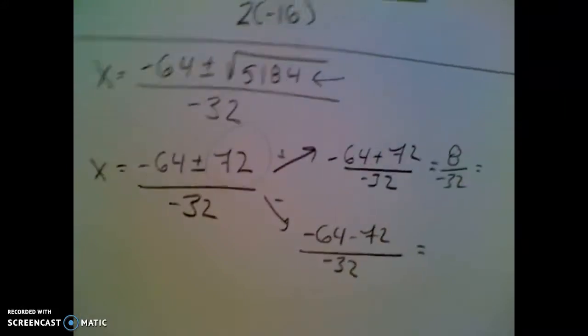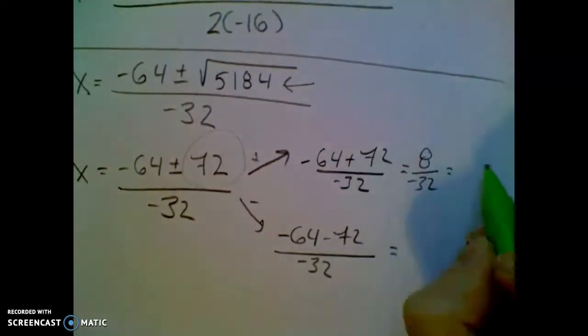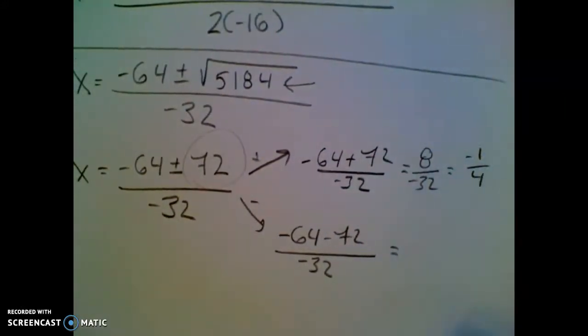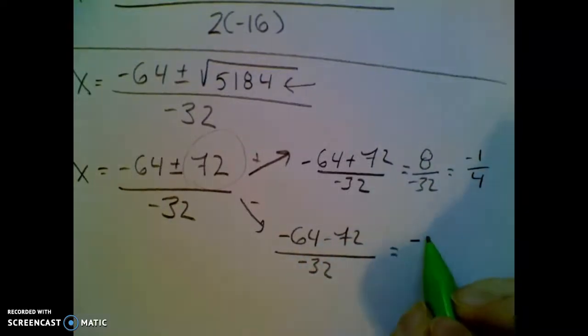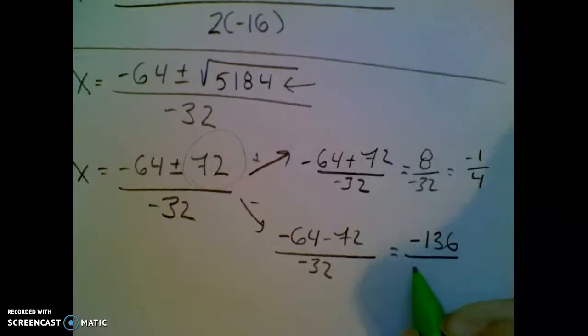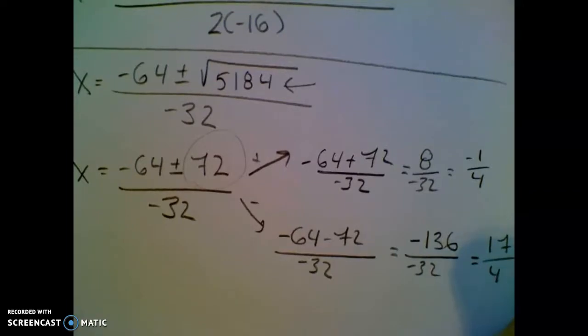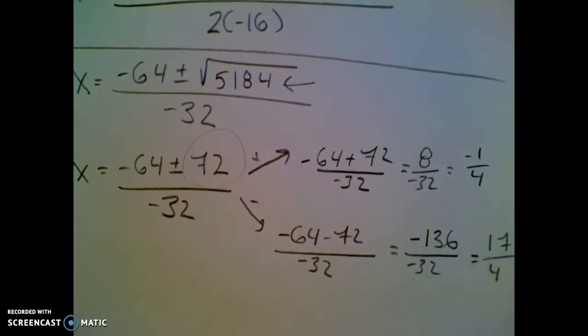So that's negative 1/4. Over here, you're going to get negative 136 over negative 32. And that is 17/4, which is 4.25.